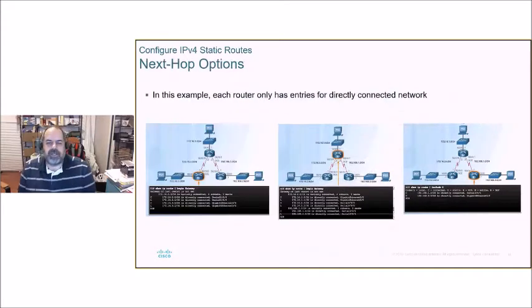Okay, in this example, each router only has entries for their directly connected networks. So we're looking at their routing tables. Router 1 has 2 directly connected networks, so 172.16.2 and 16.3. Router 2 has 3 directly connected networks, so the 2 serials and its 1 LAN.